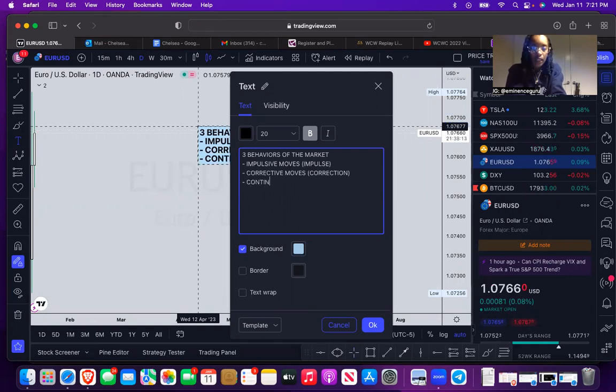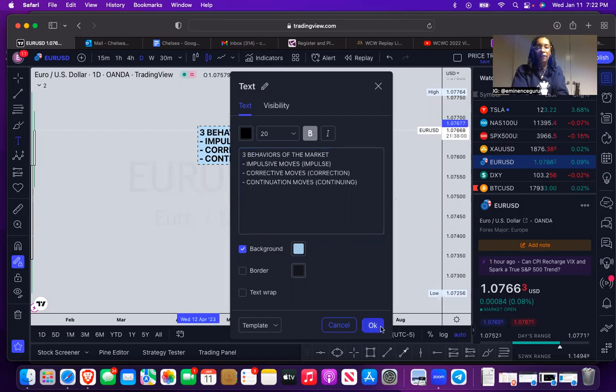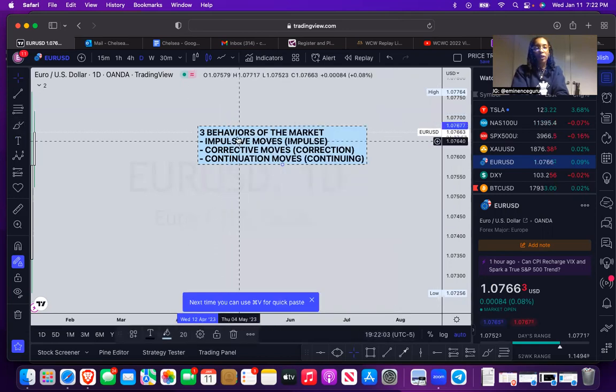And continuation moves. Impulse, correction, and again, continuation. All right, so these are the 3 behaviors of the market.